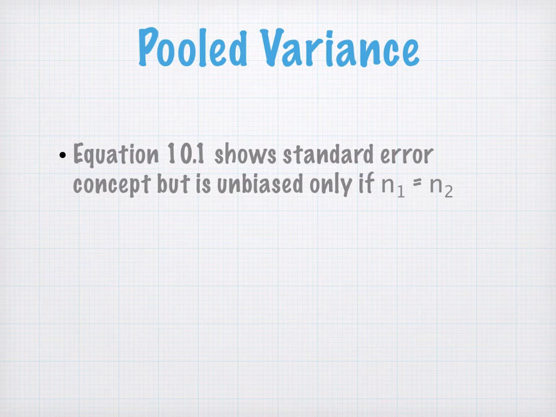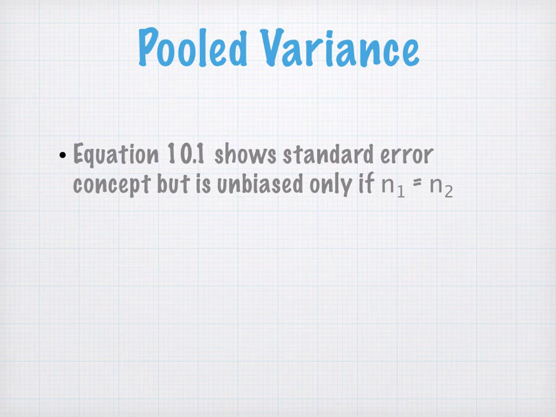If you have 10 participants in each group, then that's an equal balance between those two. If you have unequal sample sizes, then that is a very biased approach. You're going to weight your variance in favor of the group that has more or fewer participants. It's going to get unequally weighted.